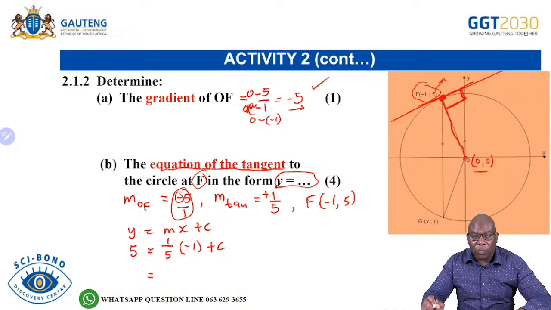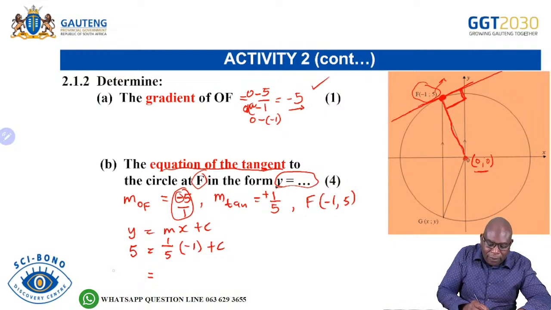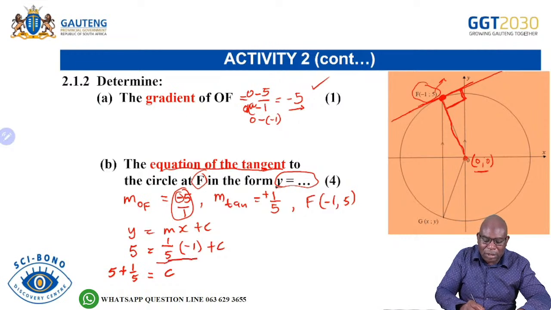So to work this one out, I need a calculator. I take the 5 and add 1 over 5 and I get c, which is going to be 26 over 5.